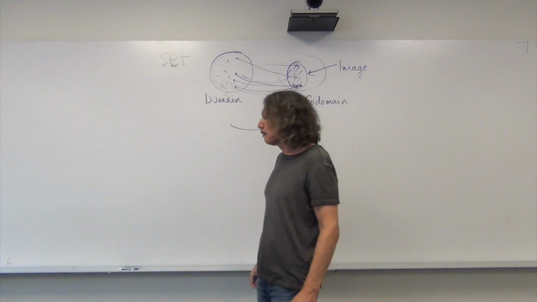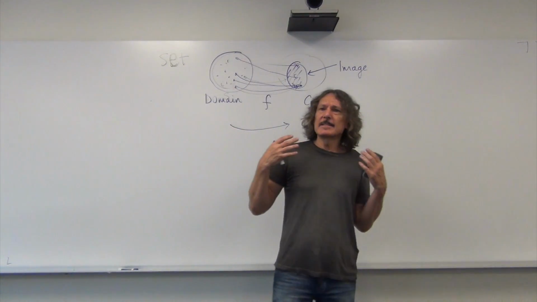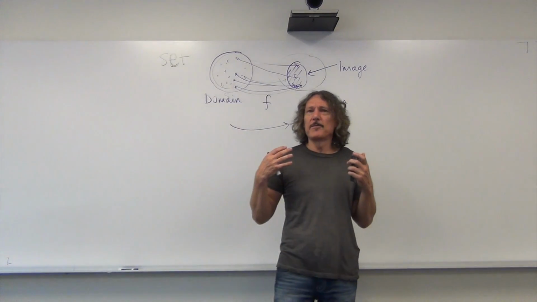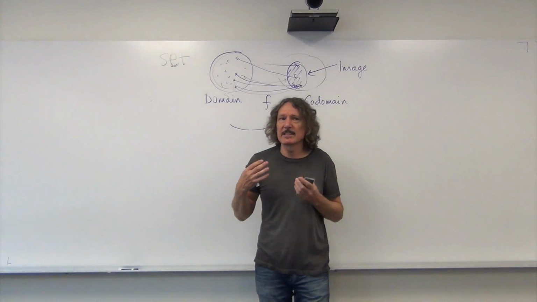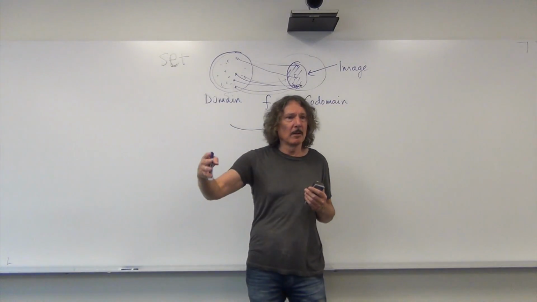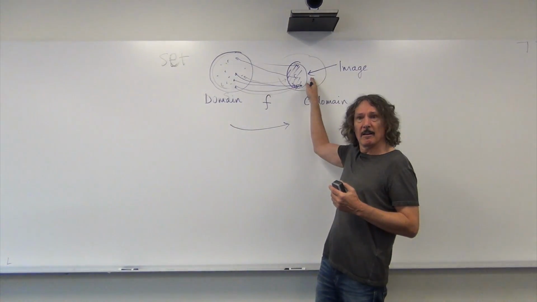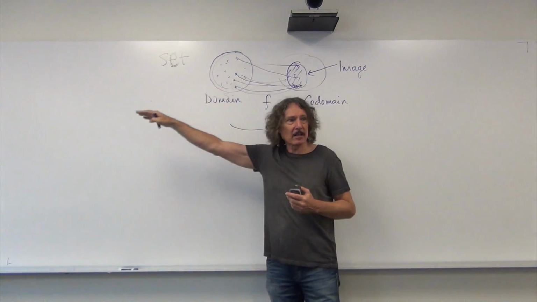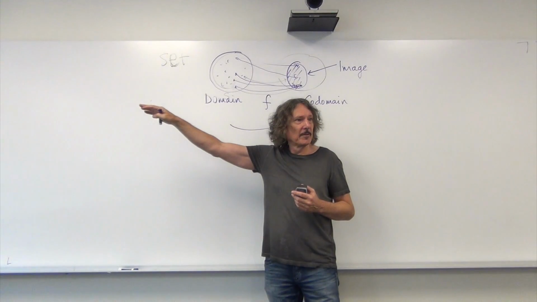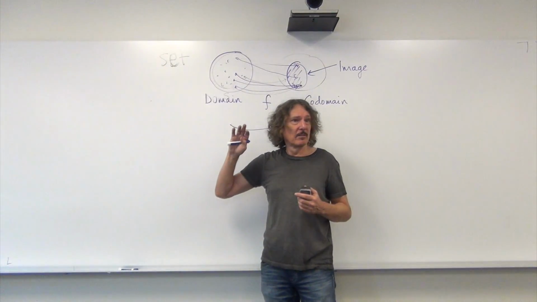Okay? And the simplest way to understand this directionality is asking, is the function invertible? Like, if I go from here to here, is it possible to go back? Right? And usually, it's not.